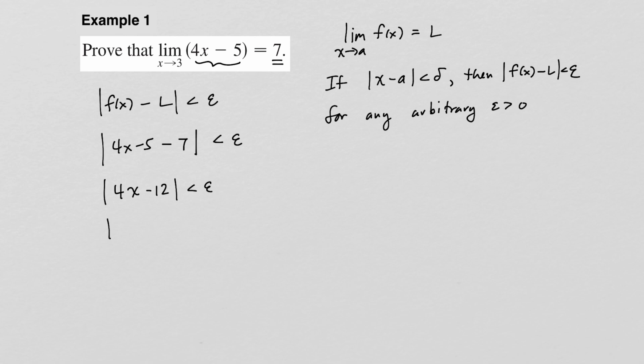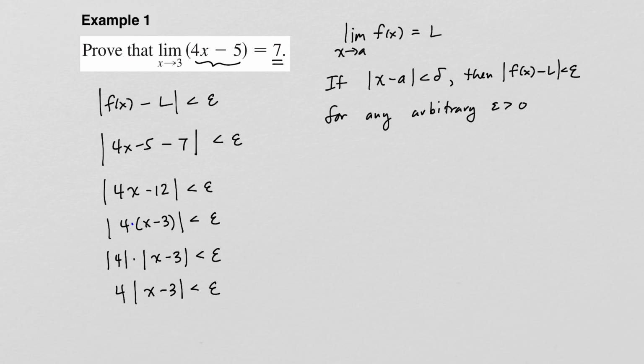And then we can factor a 4 from this. And then we can use a property of absolute values that says if you have the absolute value of one thing times another, you can take the absolute value of the first thing and multiply it by the absolute value of the second thing. The absolute value of 4 is 4.